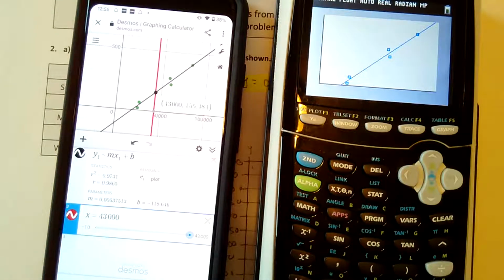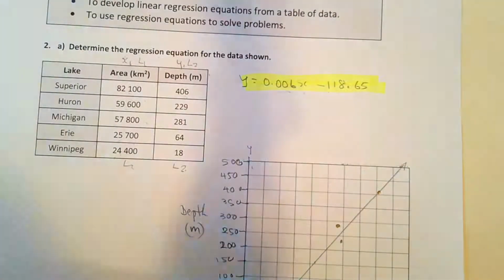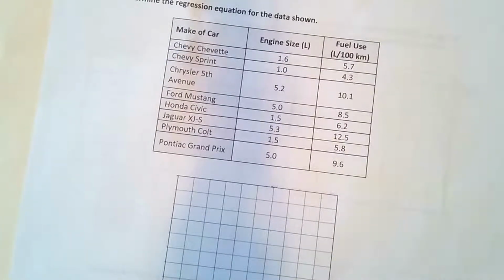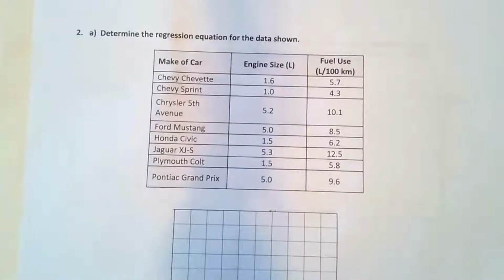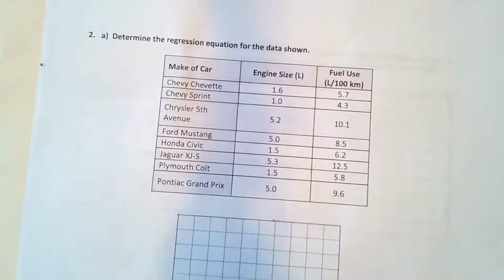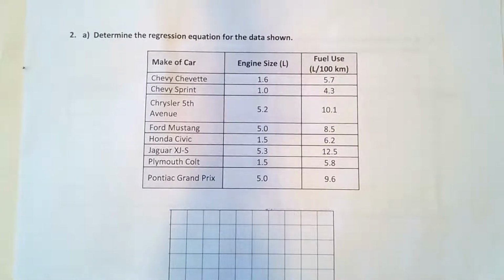The next lesson, I'll be looking at the next example question and determine the regression equation for a make of car. So this will be our next lesson. For now, I would like you to attempt this question using either the graphing calculator or Desmos.